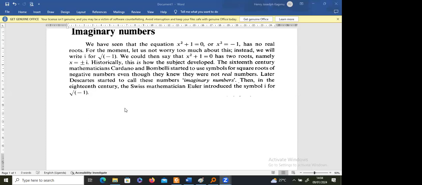We could then say that x squared plus 1 equals 0 has two roots, namely x equals plus or minus i.